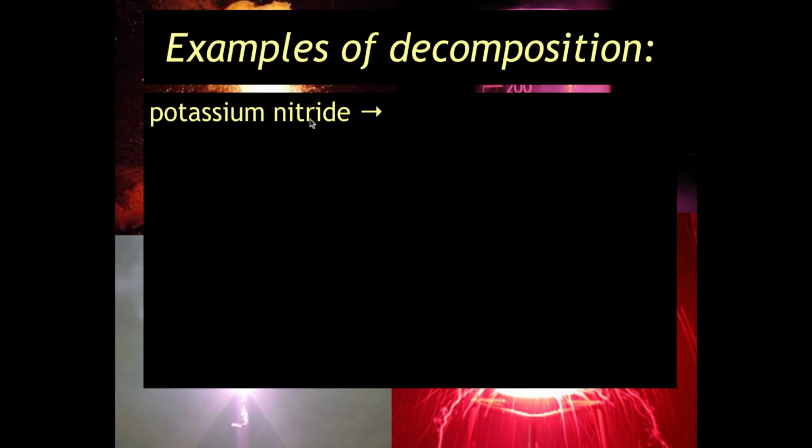Here's some examples. Say we've got potassium nitride. Notice those are 2 words put together. This is a compound. And potassium is my metal, nitride, that's the nonmetal. So when that compound decomposes, you just split those 2 words up, put a plus sign in between them.